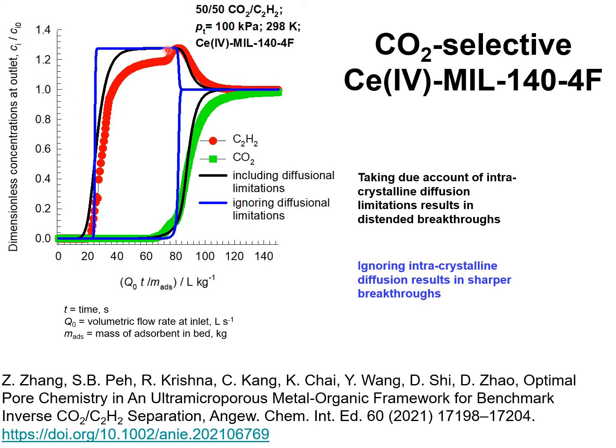We see sharper breakthroughs with the equilibrium based simulations shown in blue. Sharper breakthroughs result in higher productivities. So diffusional influences have a tendency to lead to distended breakthroughs and lower productivities.